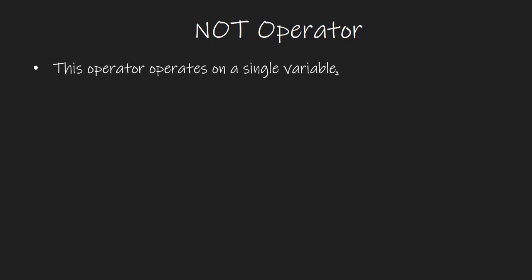But in case of the NOT operator, we require only one value, or we can say only one logical operand. Then we can perform the NOT operation on that logical variable or logical value.